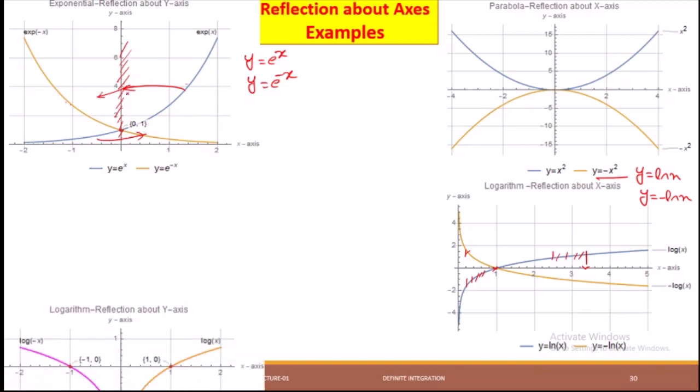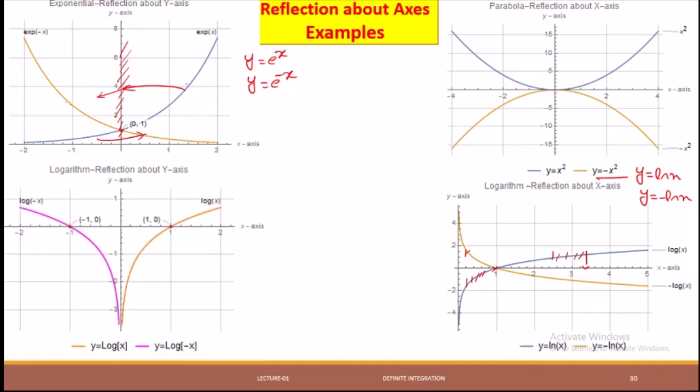Here is our next example, the y is equal to log x graph, and the y is equal to log of minus x graph. Some of you might have a doubt that log minus x cannot be defined, but you have to observe the domain. Log of minus x is defined when x is negative, because minus of minus is going to be plus.